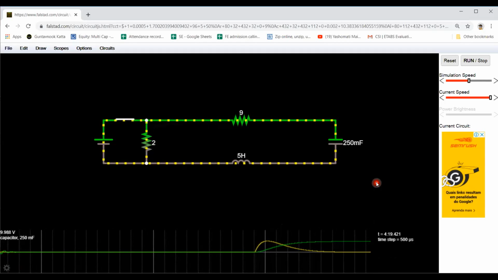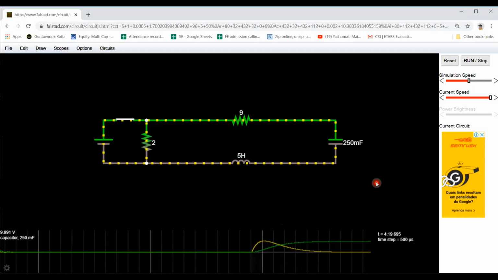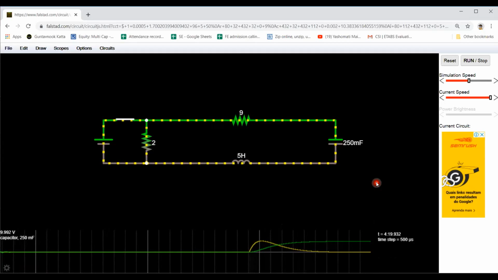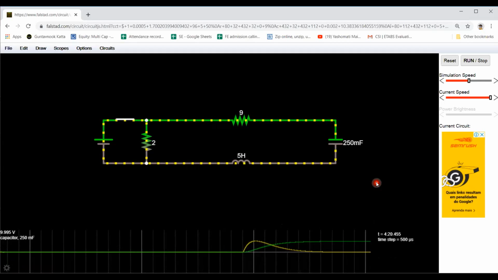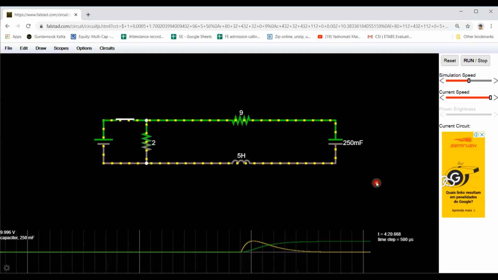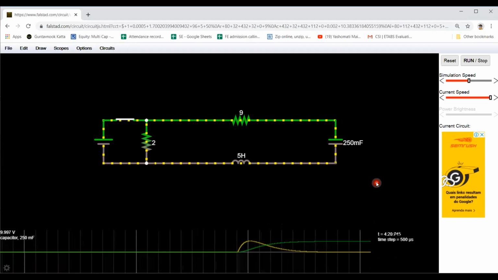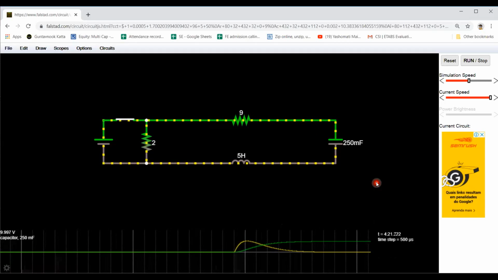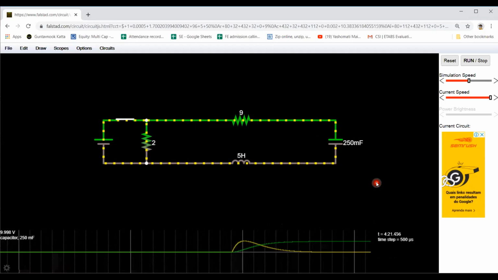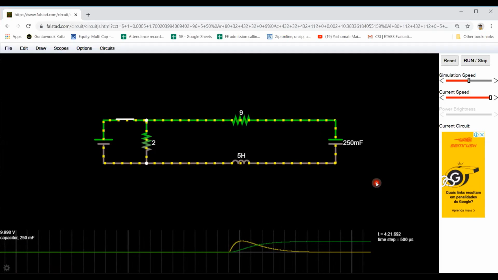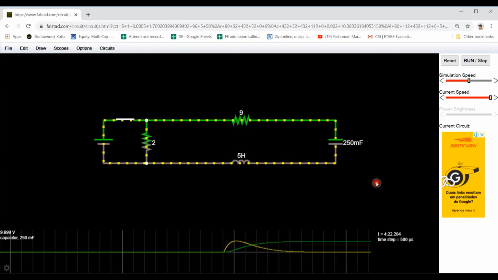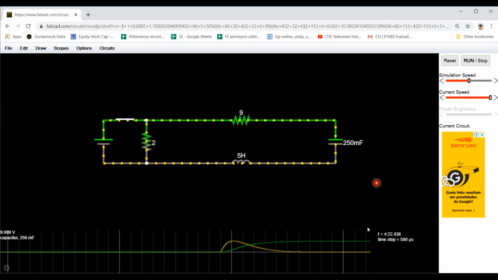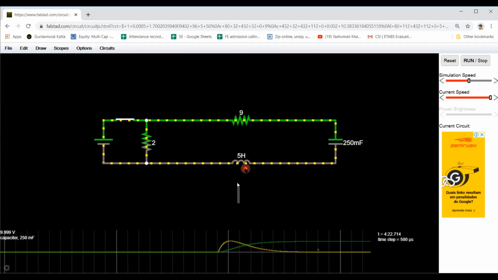Now, if you want to design an overdamped system, then for an overdamped system, this ratio of 1 over LC should be very much less than (R/2L) whole square. Now (R/2L) whole square is 0.81. Let us take 0.4 for 1 over LC. The L value will be kept the same, 5 Henry.